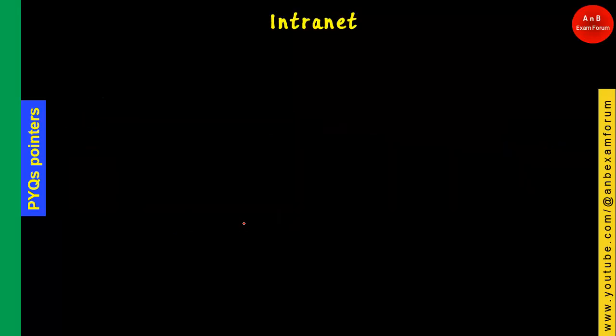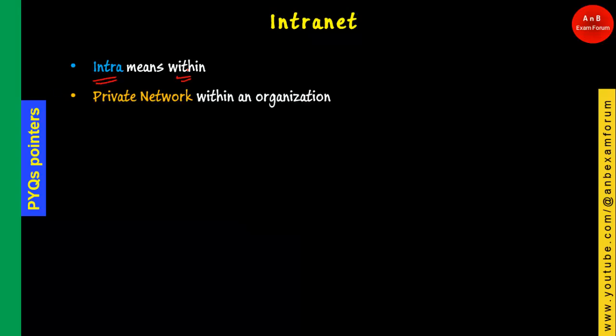Now see, based on the access, the first one is the intranet. The word itself says intra means within. Basically the intranet is a type of network. It is basically a private network within an organization. So it is my private network, it becomes intranet.